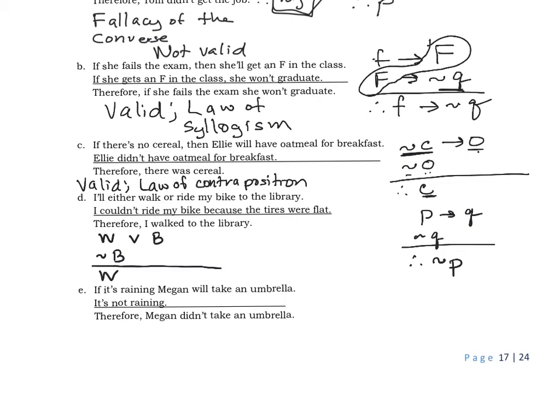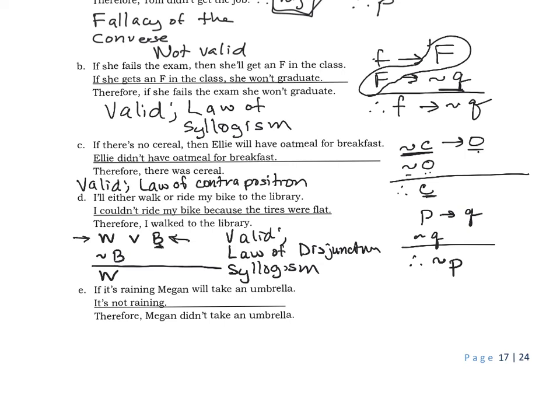So that to me looks like it's valid because of the law of disjunctive syllogism. That one's pretty straightforward. They're saying either this or this happened. Well, that didn't happen. Therefore the other thing had to happen.